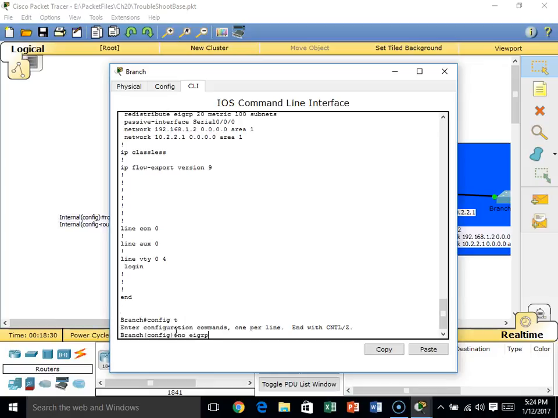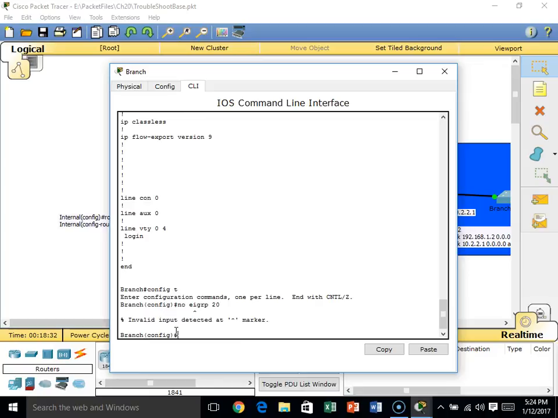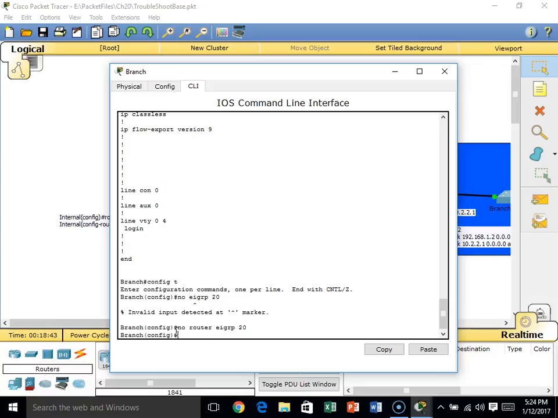How about router EIGRP 20? Would that probably work better? No. Oh. Maybe it's IPEIGRP. What's the command?